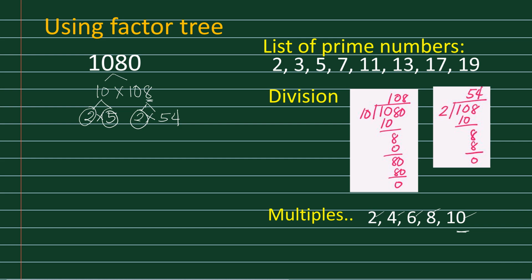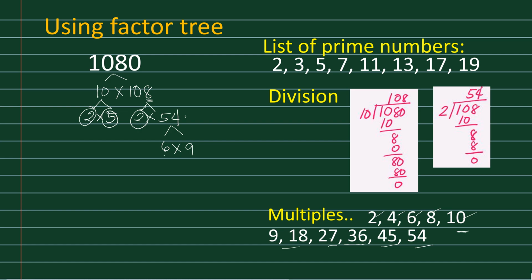Let's factor 54. That is divisible by 9. So we have 1, 2, 3, 4, 5, 6. So that means 6 pieces of 9. So 6 times 9. If you know your multiplication of 9, 6 times 9 is 54.